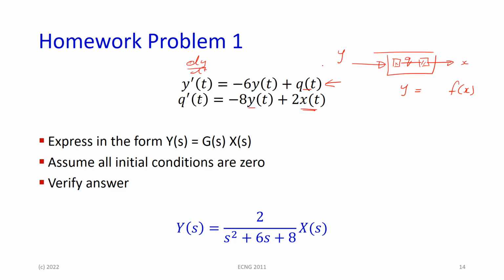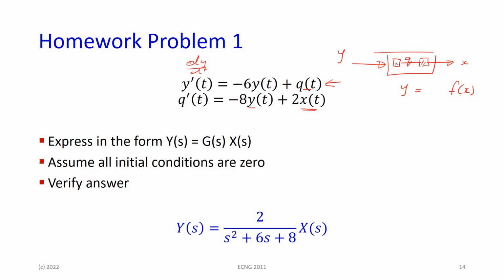The fact that I have to take the derivative of this twice to get a second order system means I'm now dealing with a second order system. Make sense? You're following what I'm doing? Good.